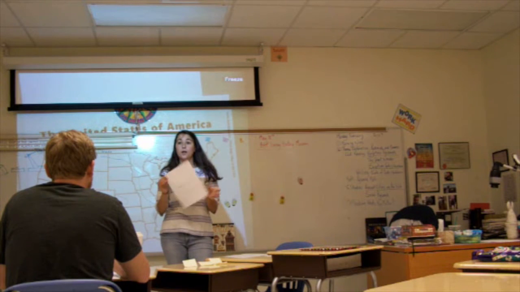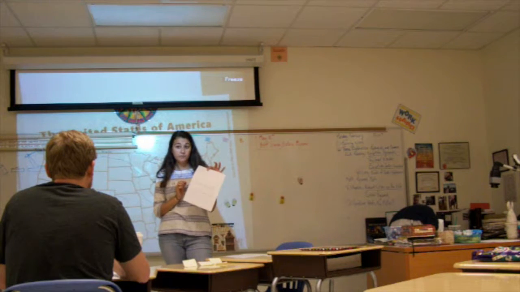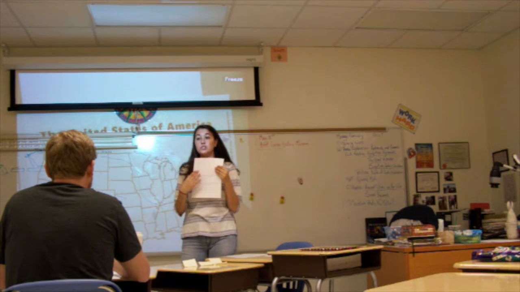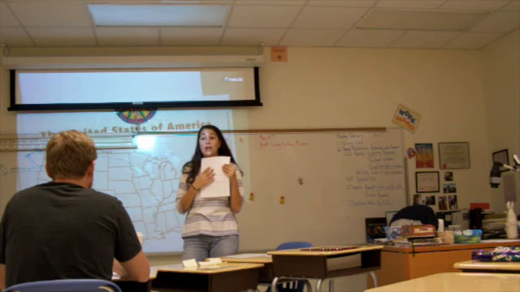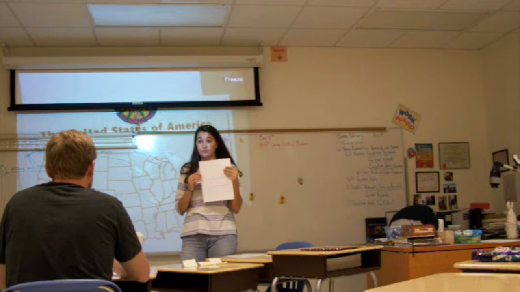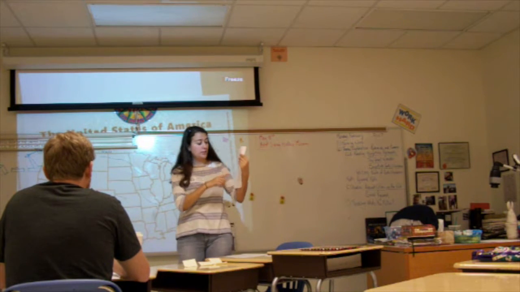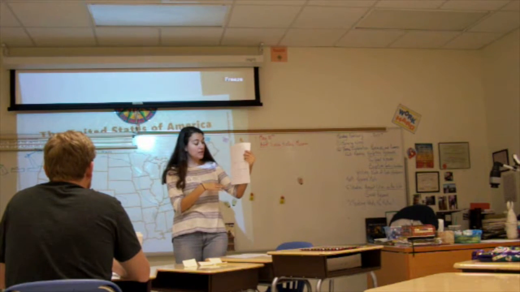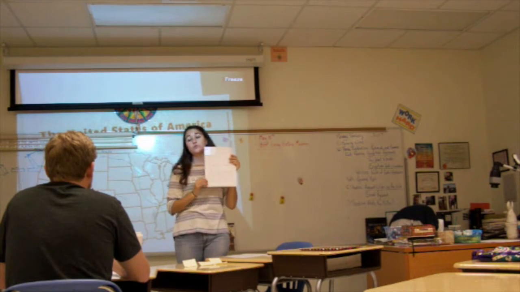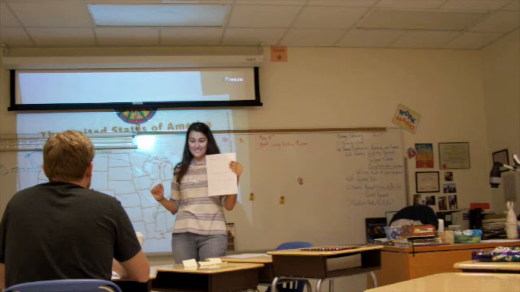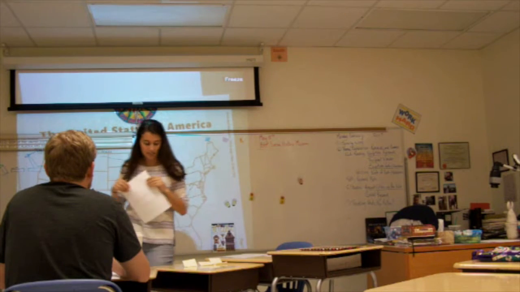You're going to draw the state of Florida because we all live here, and you are going to put any physical features on the map of Florida that you think is key, okay? And again, you get to create your own key of what each thing is, and then you're going to tell me why you chose those physical features. Do we have any questions? No. Perfect.